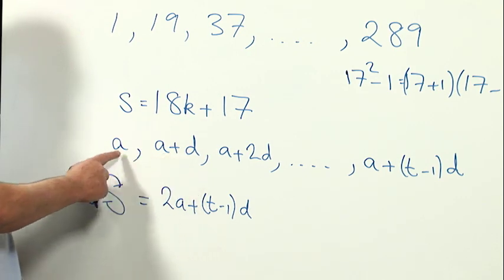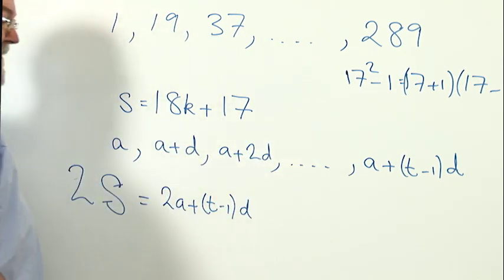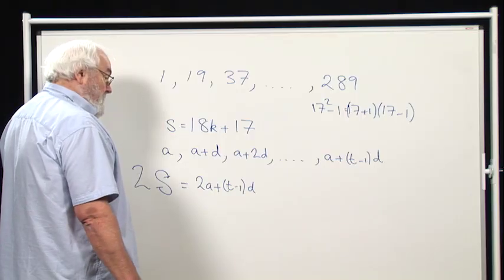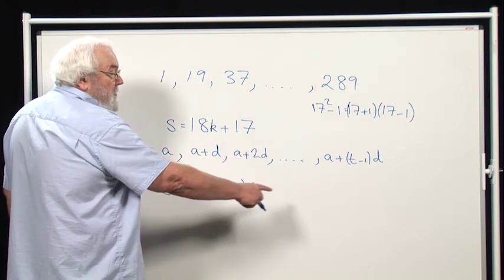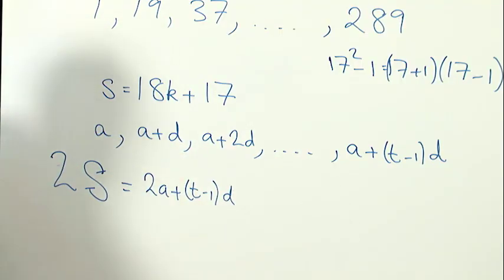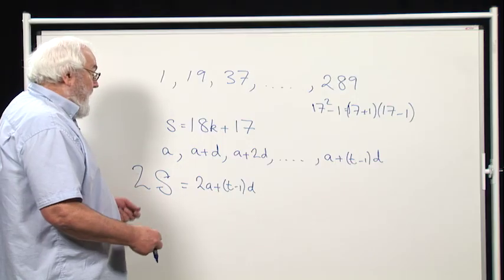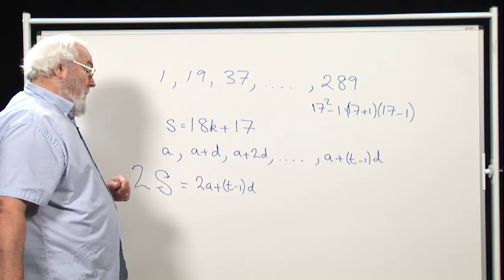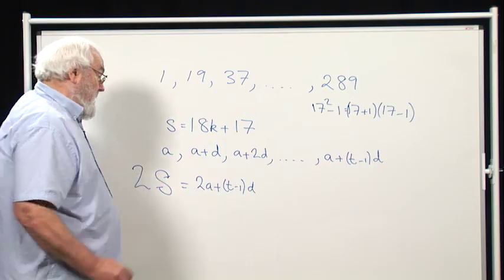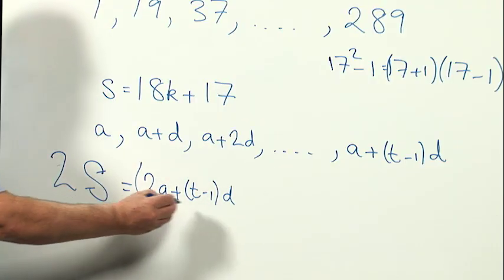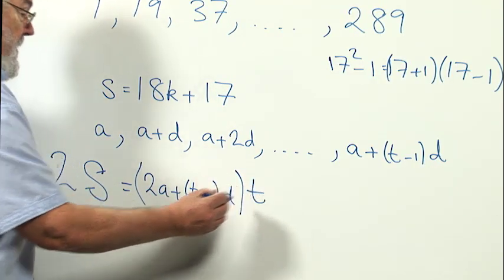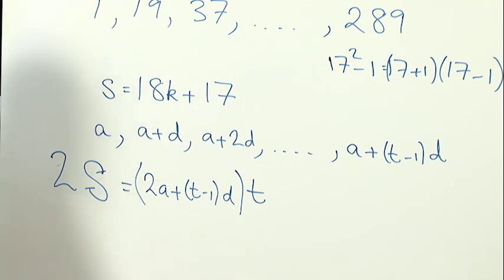This one's gone up by d, that one's gone down by d. It's the same. And then I add the third term to the antepenultimate term and carry on. At every stage, the sum of the pair of terms that I'm picking is this. And there are t of these. So I've got a valid equation.